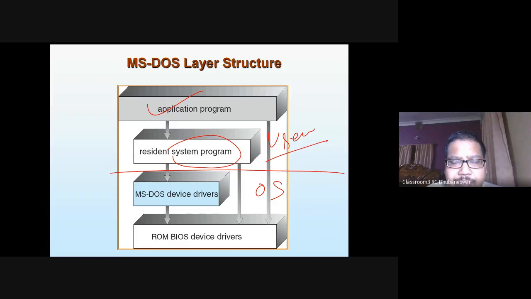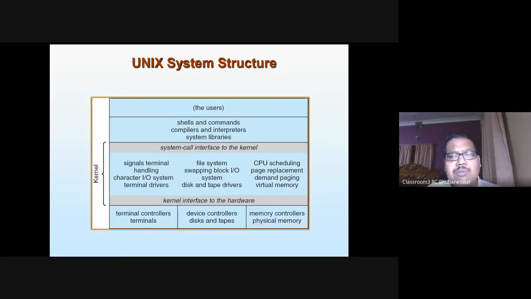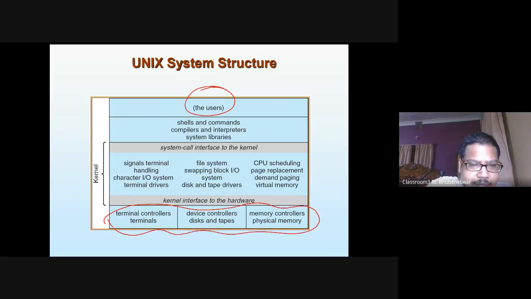Now, if you look into the Linux platform, it also has a different possible structure. Here you can see at the top you have the user, and at the bottom you have different terminal IO drivers. Here you can see the terminal controller, device controller, memory controller. These are the different hardware we have.